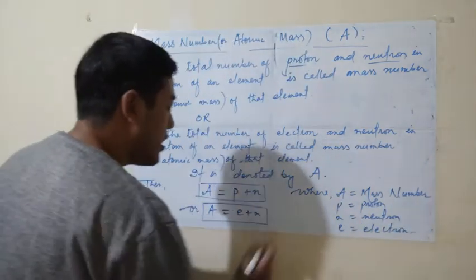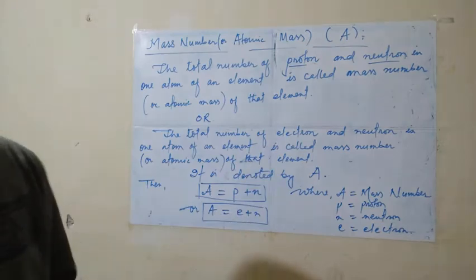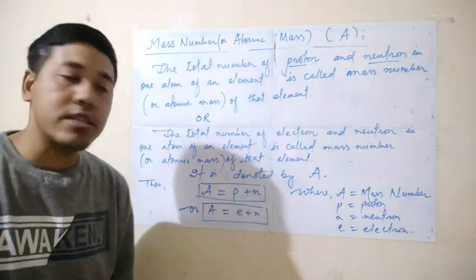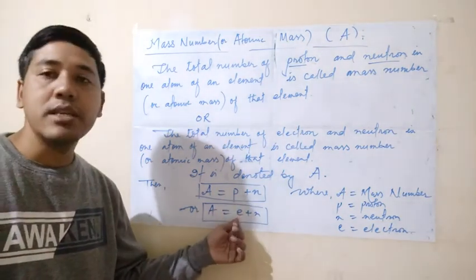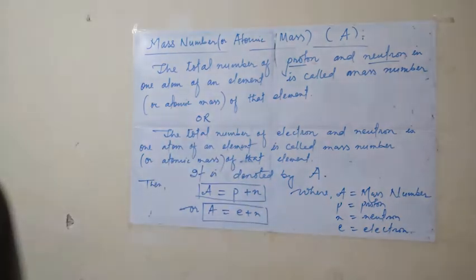Don't forget P and E are equal. Understand? That's why in place of the P, I write E here. Please copy down this one.